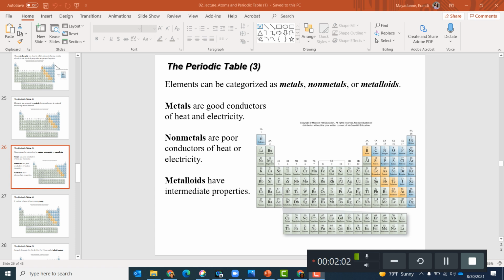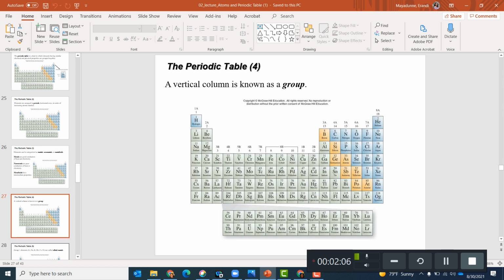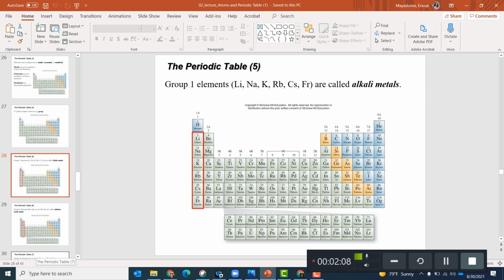The groups in the periodic table have their own names. Group 1 is called alkali metals: lithium, sodium, potassium, rubidium, cesium, francium.